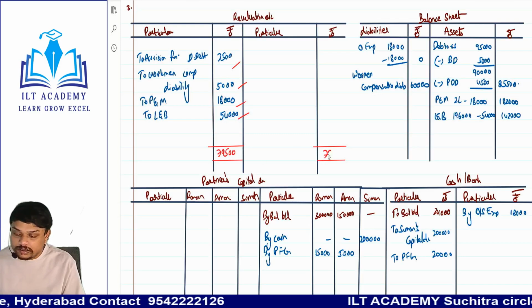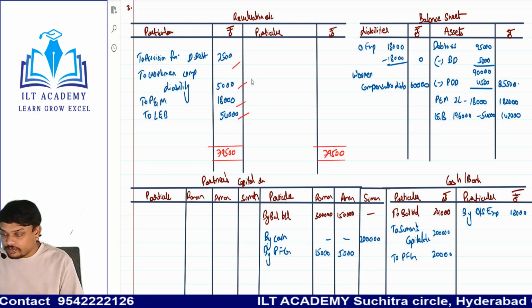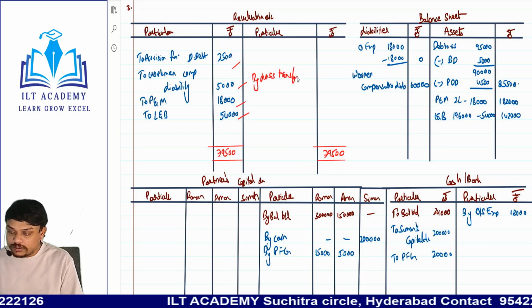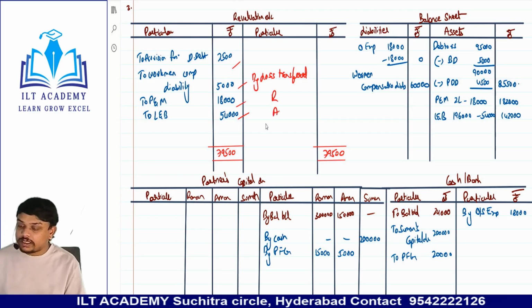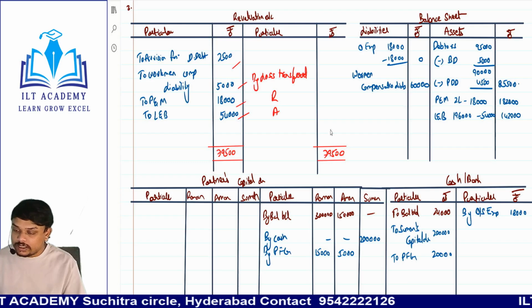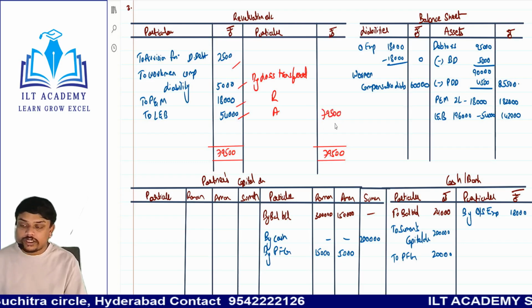That's it, right? Revaluation loss is transferred among Raman and Aman's capital accounts. What is the ratio? 3 is to 1. We distribute 79,500 in 3 is to 1.